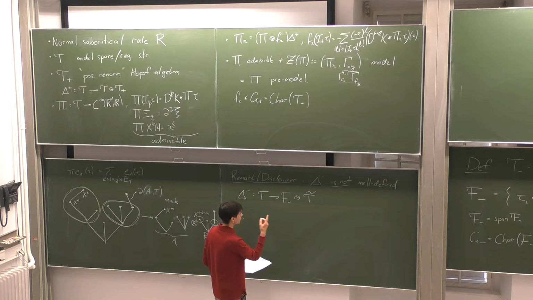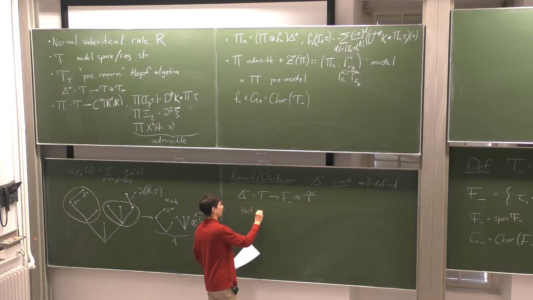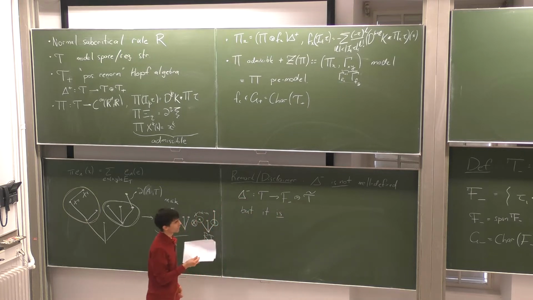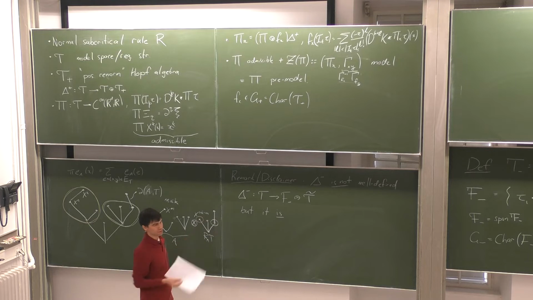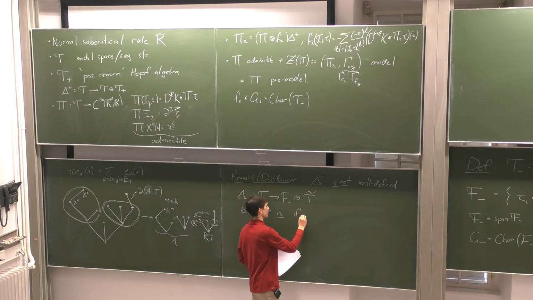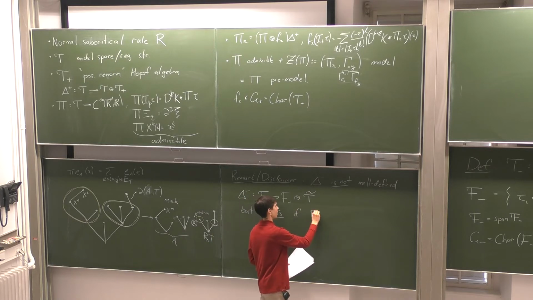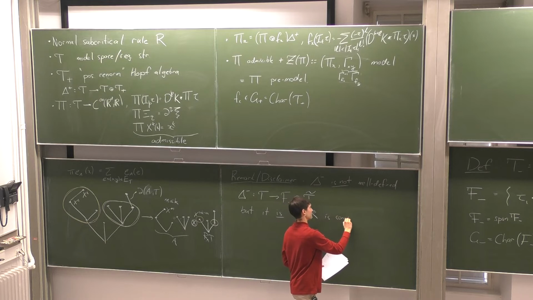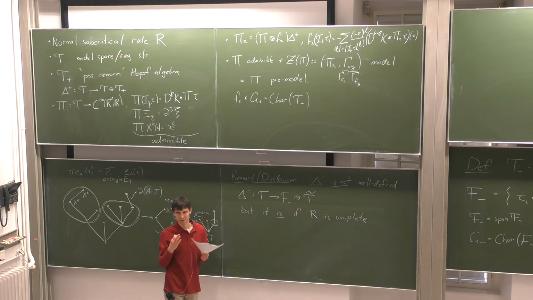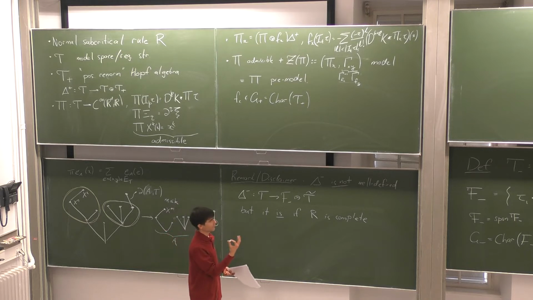And essentially the reason that it doesn't always map you back into T is because we're missing an assumption on our rule. There's an assumption that you can place in the rule, which is called completeness. Okay, so the definition of completeness is a bit technical to state, but essentially its whole purpose is to ensure that you end up back in the space T.